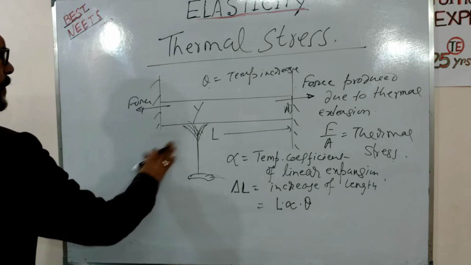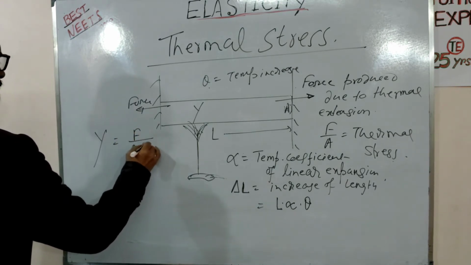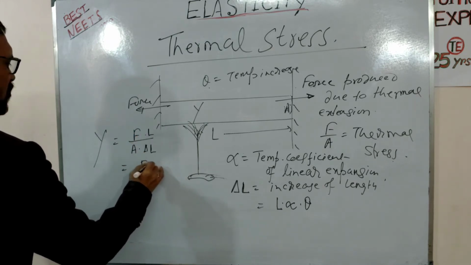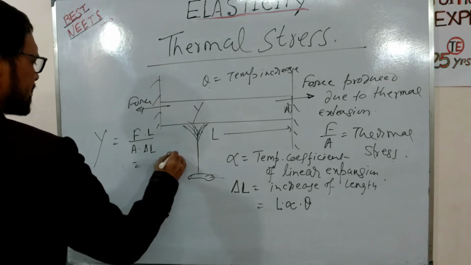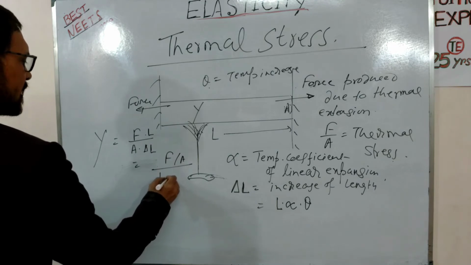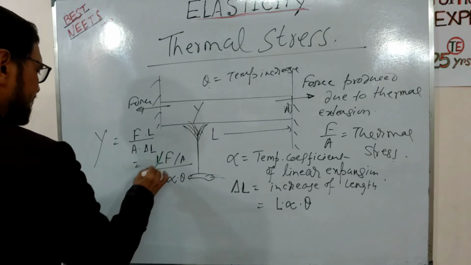Now what is Young modulus equal to? We know, force by area into original length by increase in length. So F into L, here F by A is thermal stress, divided by del L. What is del L? Del L equals L alpha theta. Here L cancels.